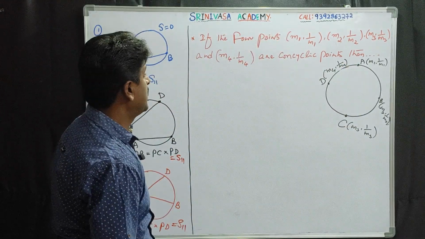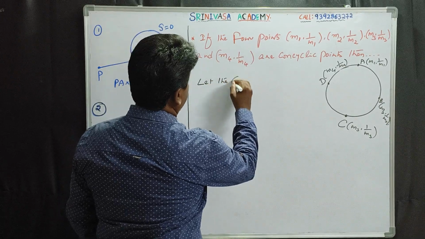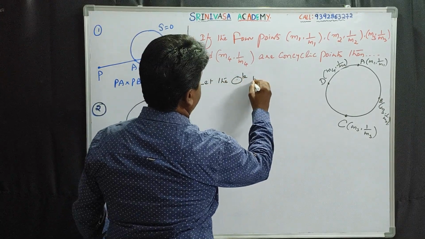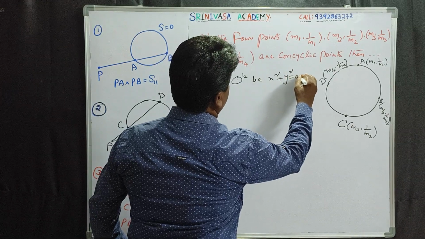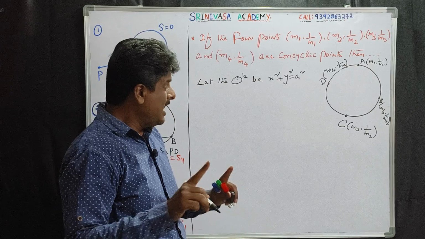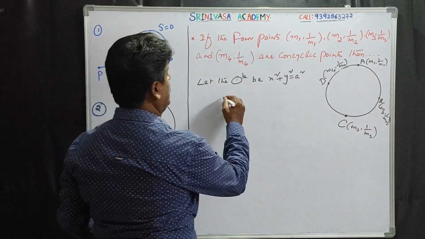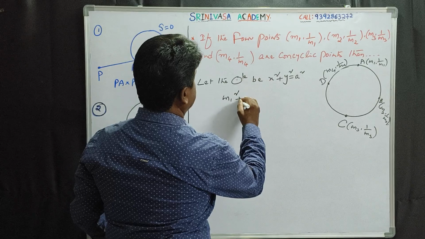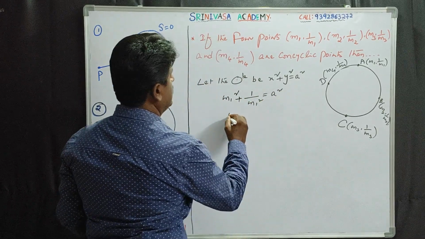Okay. Do observe that. Let the circle equation be x square plus y square is equal to a square. As the point (M1, 1 by M1) lies on this circle, we get M1 square plus 1 by M1 square is equal to a square.